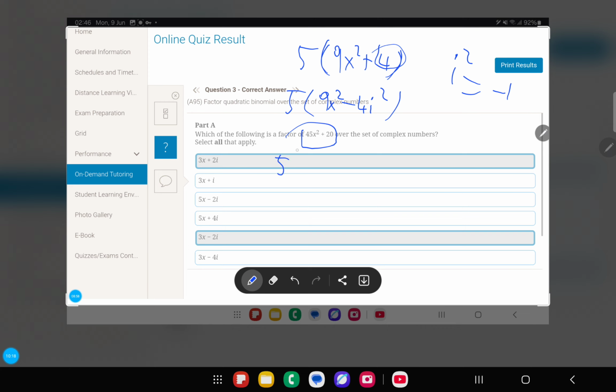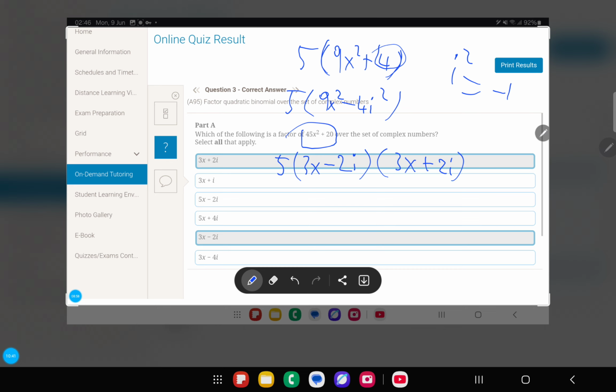We put it like this: 5, 3x, okay, minus, it will become 2i, okay, or 3x plus 2i.